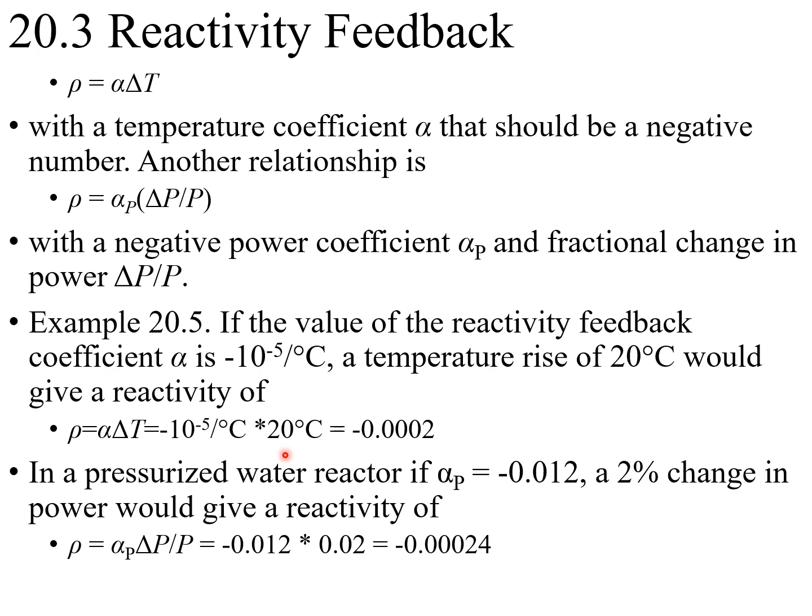Here, the temperature rise is positive 20 Celsius. If you see the temperature decrease, then this delta T should be a negative value. In that case, you have a temperature drop, so you have a positive reactivity insertion.